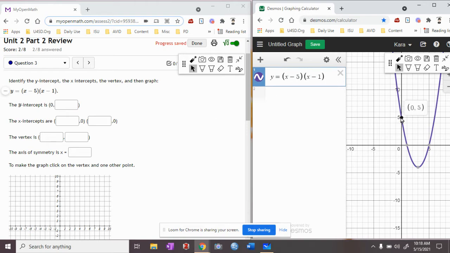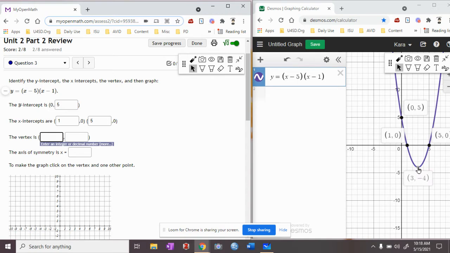Okay, and then I can come over to my graph. If I click here on my y-axis, I see (0, 5) as my y-intercept. So (0, 5). My x-intercepts are here and here. If I click on those, it tells me I'm at (1, 0) and (5, 0). So (1, 0), (5, 0).